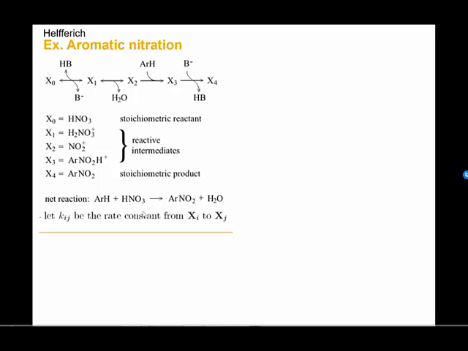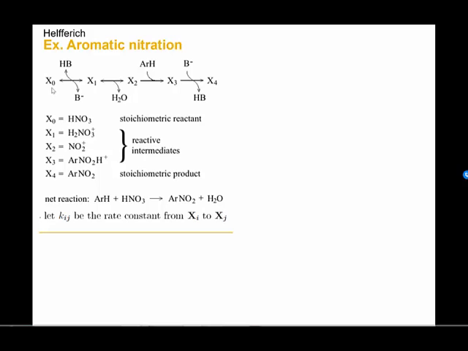The net reaction is that we start out with an aromatic compound and a nitric acid molecule, and we end up with a nitrated aromatic ring and a water molecule free. We're going to let the rate constants in this network be Kij, and that indicates the rate constant for going from Xi to Xj.